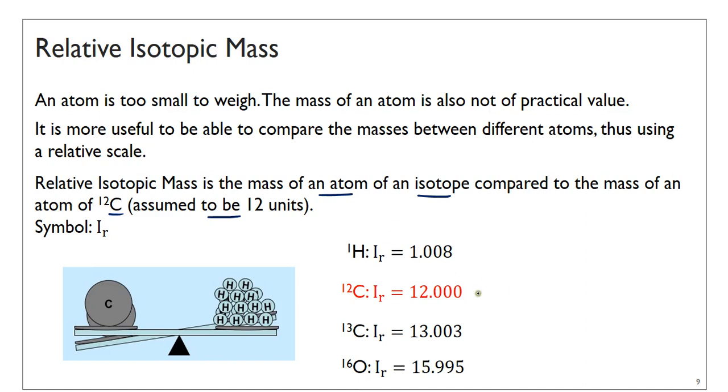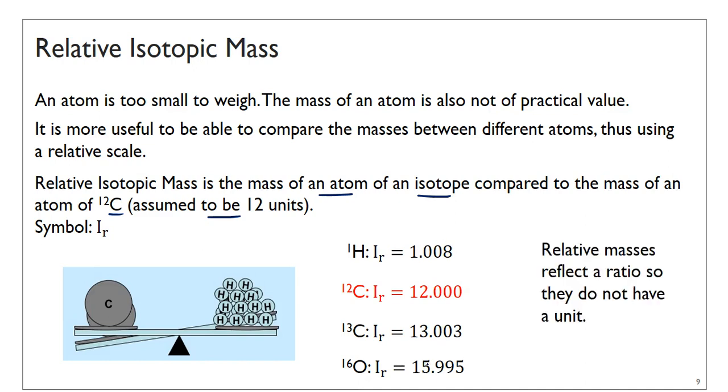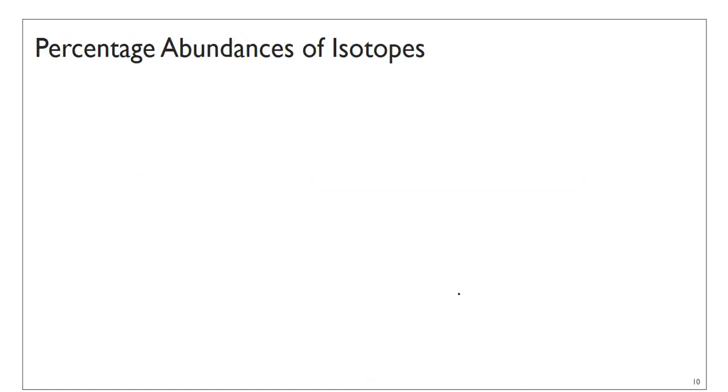So carbon-12 is just the standard, and every other relative isotopic mass is being measured against carbon-12. The other thing I want to point out is that these relative isotopic masses reflect a ratio between the mass of that atom and the mass of the carbon-12 atom. So they don't have a unit, because it is a ratio, really.